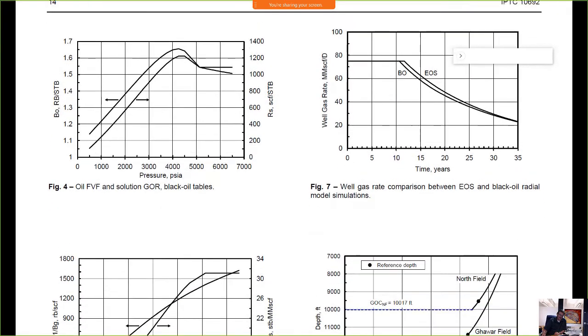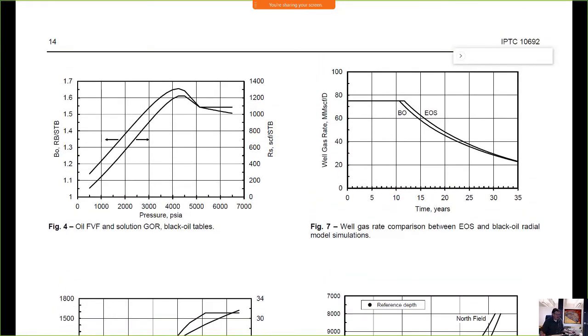Now, Eclipse 100 won't let you run with these simulations. Eclipse 100 won't let you have non-monotonic. It's either RS or BO, I don't remember. RS. It won't let you have non-monotonic RS. Sensor doesn't care. Probably other models don't care. But Eclipse 100 will not let you have it. So then you have to come up with some kind of fake oil properties.